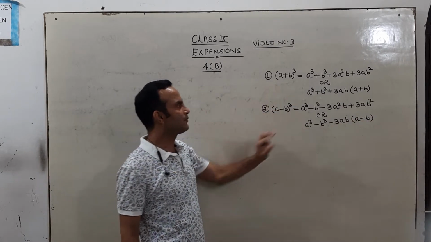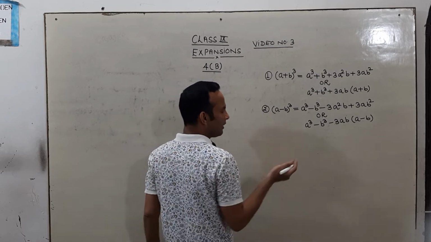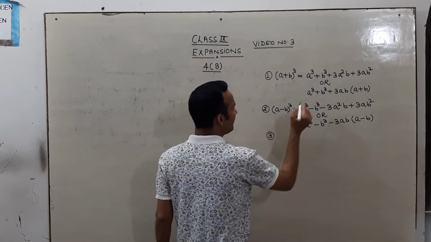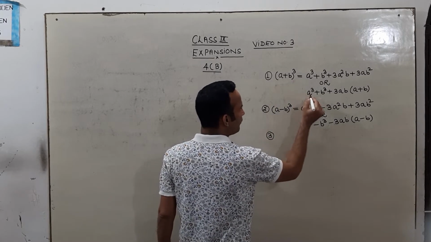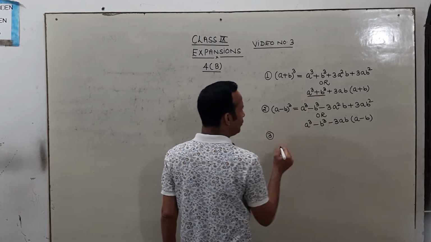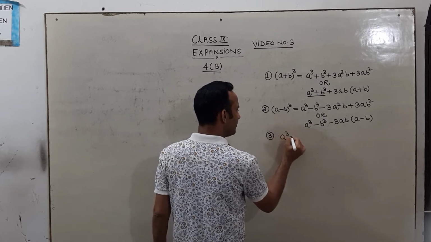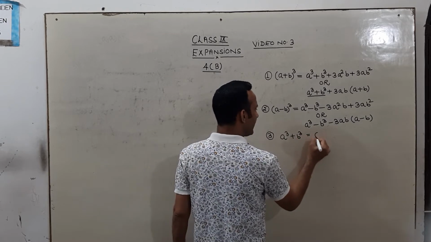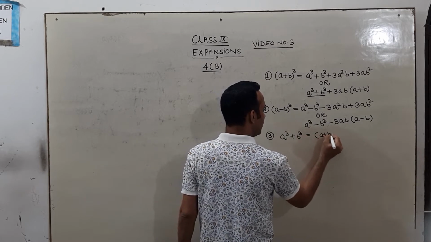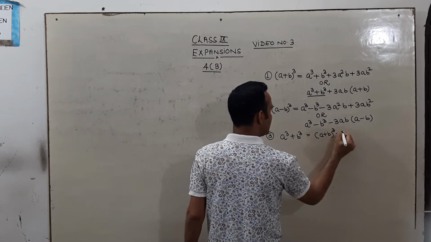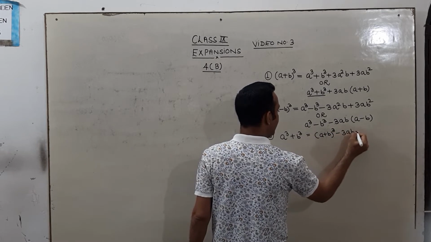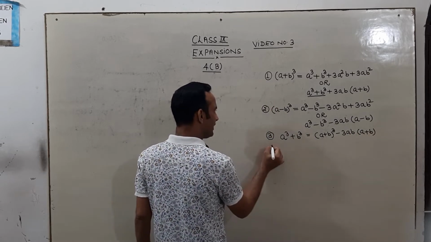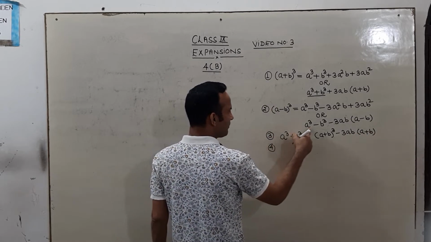With the help of these formulas, we make two other identities. See identity number 3. With the help of the first formula, we can find out a cube + b cube. a cube + b cube is equal to (a + b) whole cube - 3ab multiplied with (a + b).